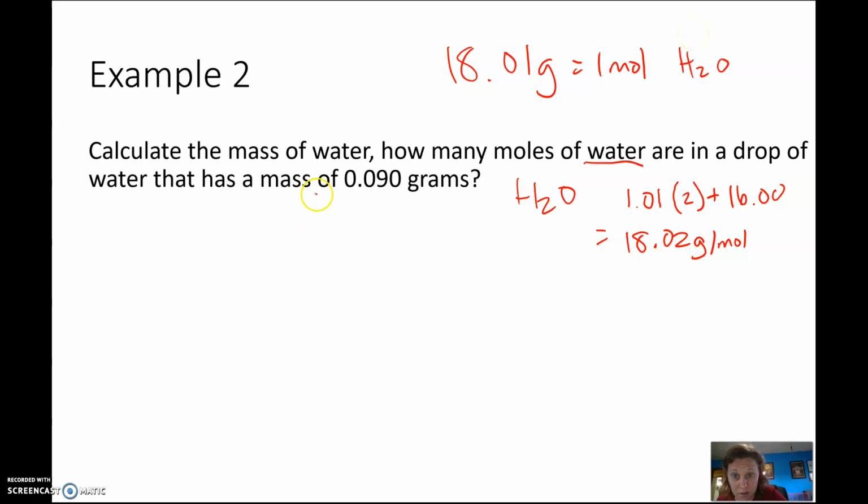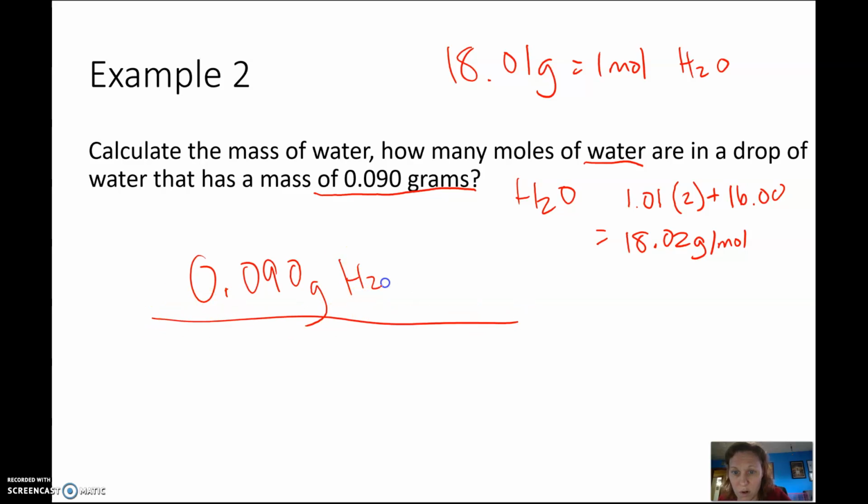So this is our starting number because it's the only number in the problem: 0.090 grams H2O. 18.02 grams H2O is 1 mole.